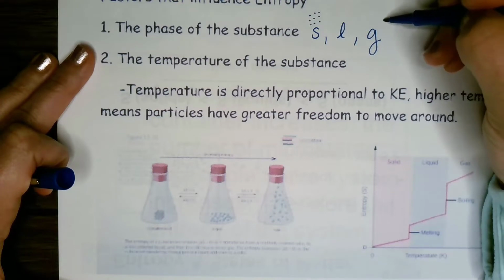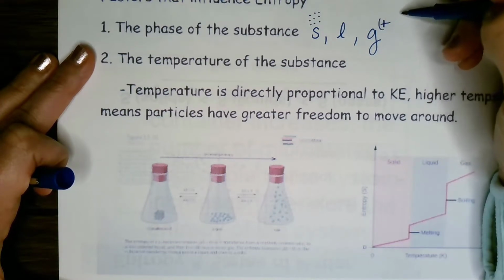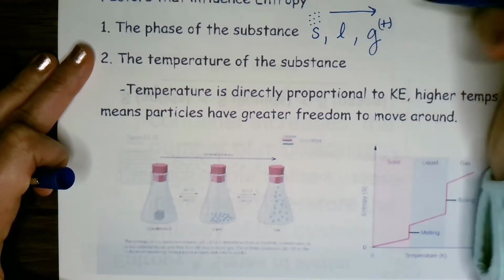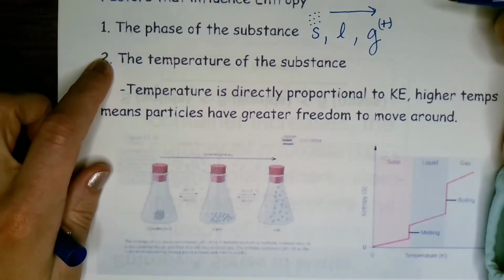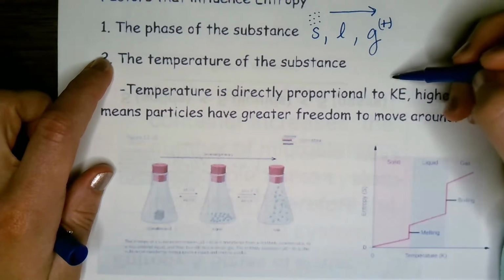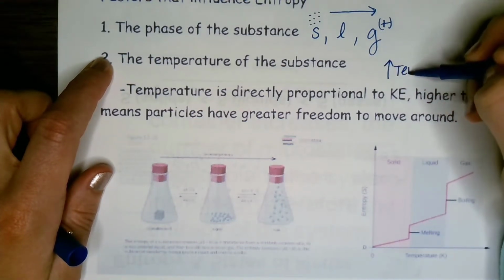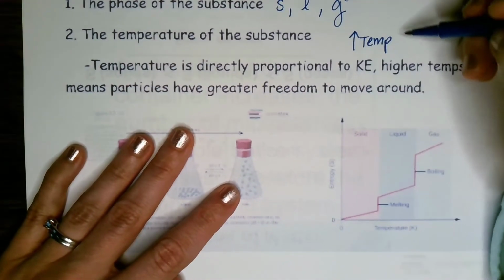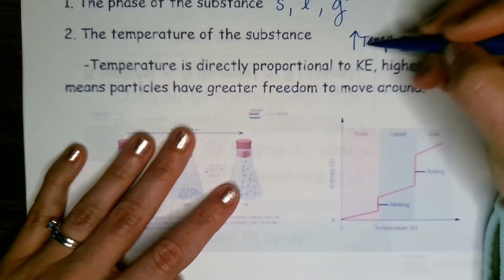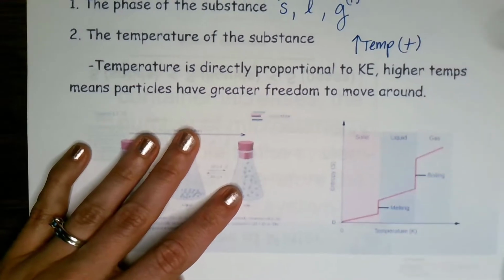It's very chaotic as a gas. So entropy increases as we move from a solid to a liquid to a gas. And also the temperature of the substance affects it, because the higher the temperature, the faster those particles are moving and the more chaotic the system is. So as temperature increases, so does entropy.